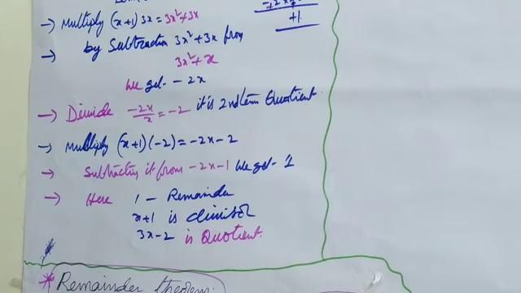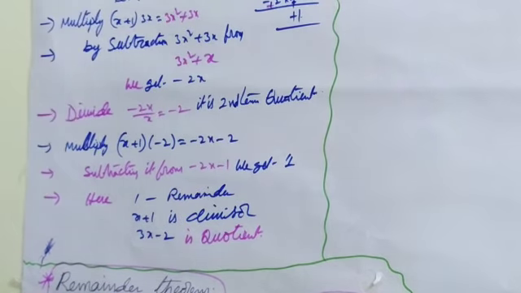This is 3x square plus x minus 1 divided by x plus 1, a quadratic polynomial divided by a binomial.